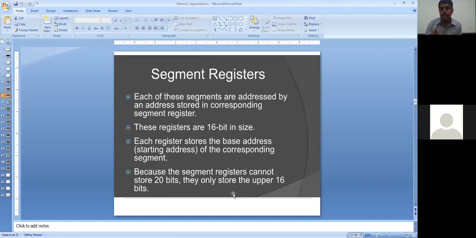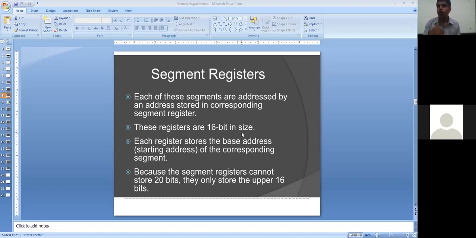But to address any particular location, we have just 4 registers. The 4 registers are the code segment register, data segment register, stack segment register, and the extra segment register. These registers are 16-bit in size.